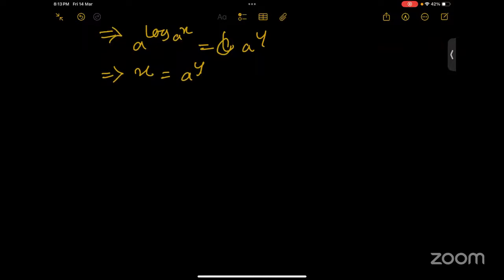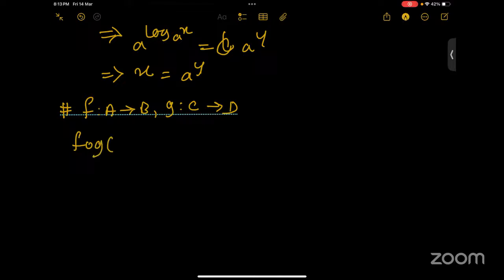Now we can come to the composition of functions. I will briefly remind what the exact concept was. If we have two different functions, f from A to B and another function g from C to D, then we can define f compose g of x as f of g of x, correct?